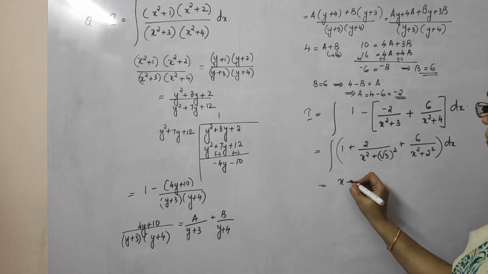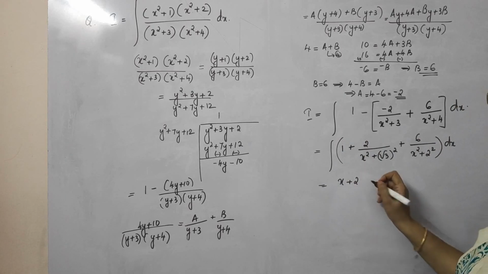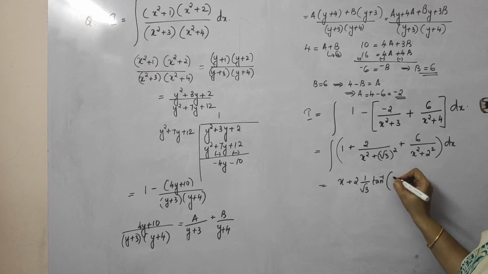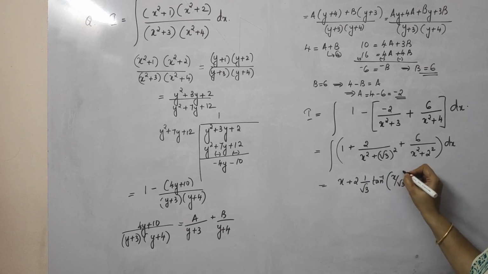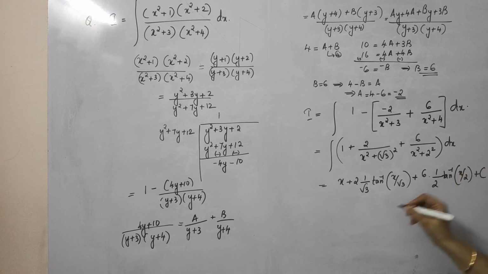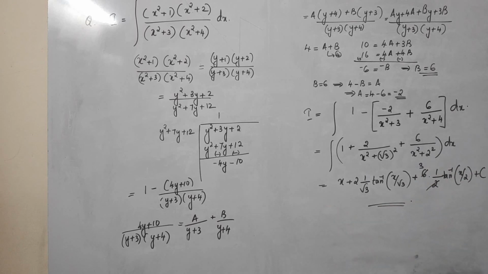That is x plus 2 into 1 by √3 tan inverse of x by √3, plus 6 into 1 by 2 tan inverse of x by 2, plus c. Now if you look at this, 2 goes here thrice. So this will be the final answer to this integrand. I hope it is clear to you. Do it by yourself and try to understand them.